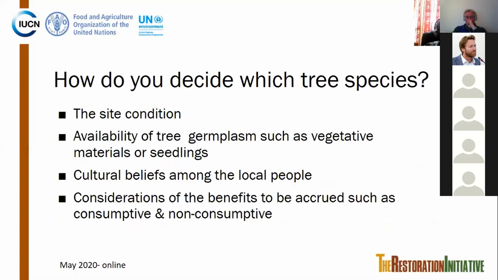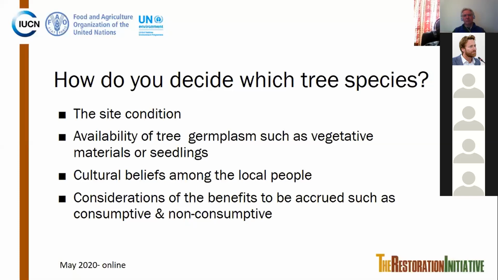When it comes to deciding which trees to be involved in restoration, there are quite a number of factors, and the most important is the site condition. We also address the availability of tree germplasm, such as vegetative materials or seedlings, since in Kenya we raise seedlings based on demand. The other aspect we address is cultural beliefs among the local people.